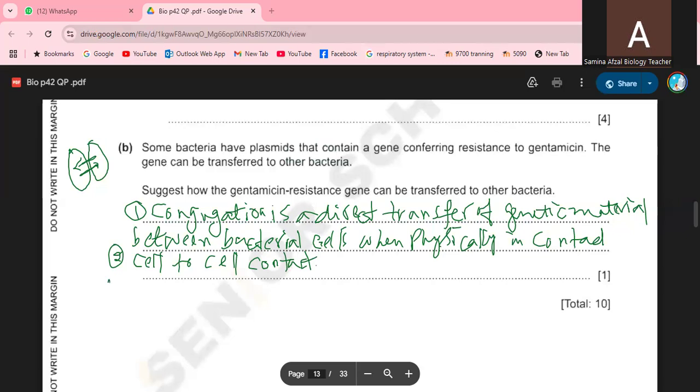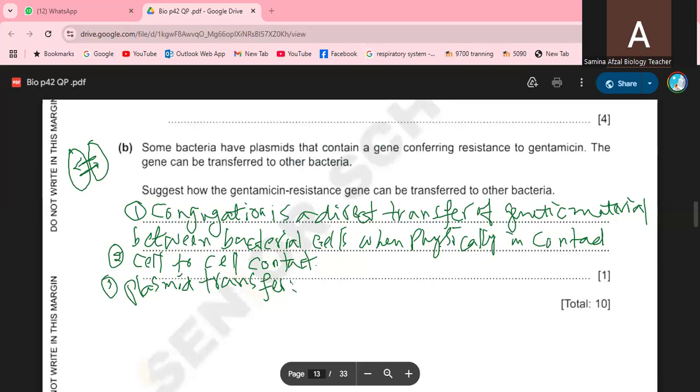And then third, which I want to write, is plasmid transfer. With cell to cell contact, the cells come close to each other and exchange their material.